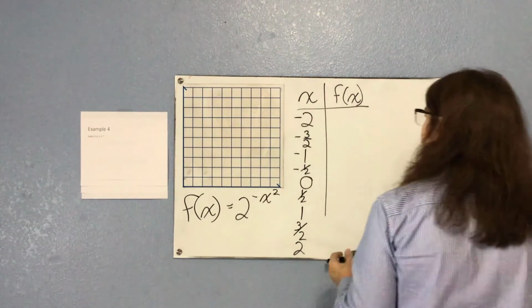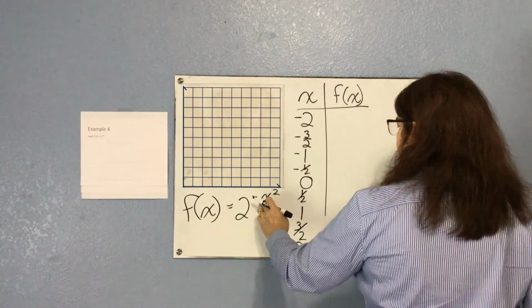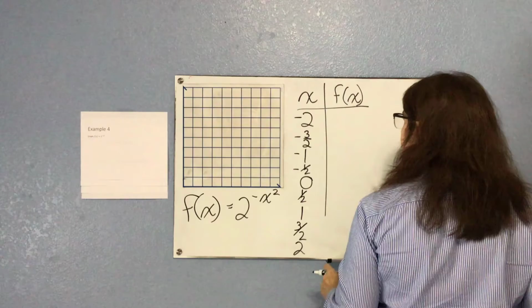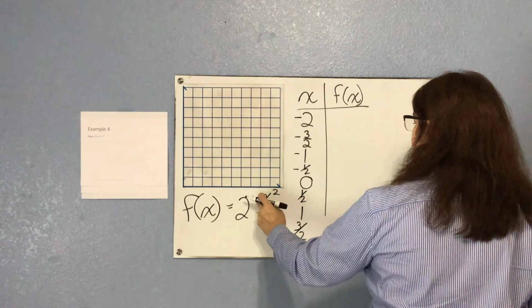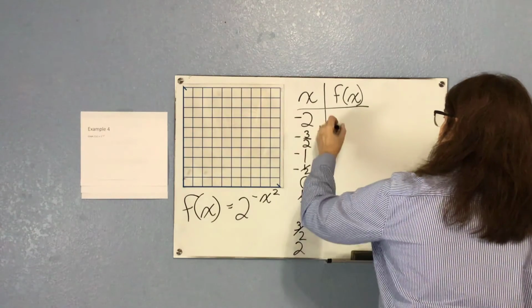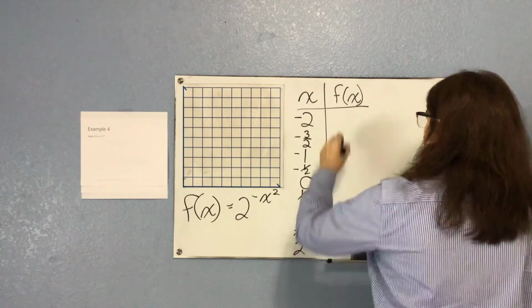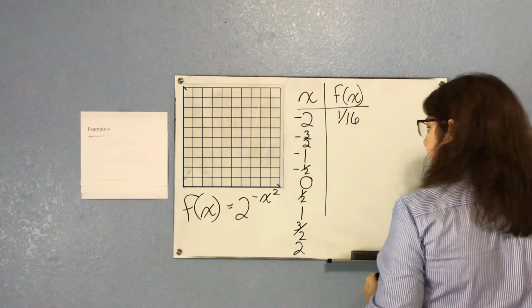Okay, when I do that, for negative 2, if I square that, I get positive 4, but then that makes it negative again, so this is 1/16 because I have to flip it over.